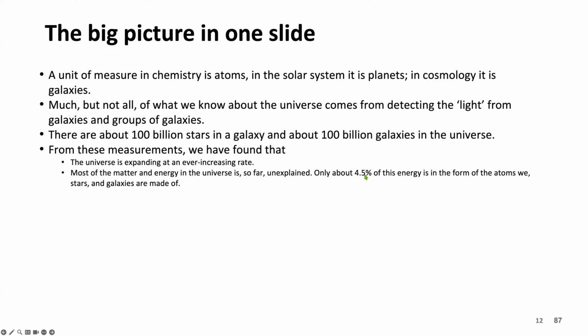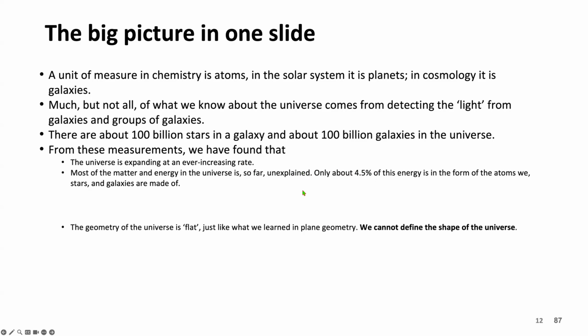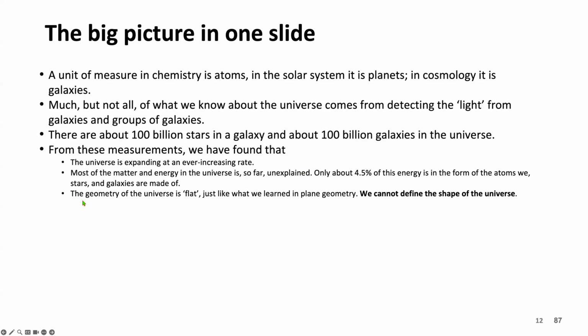A tiny, tiny fraction of the energy in the universe is in the form of atoms that have collected in stars and planets. But the important thing to know is 95% of the universe is unexplained, and we'll get into some of that today.